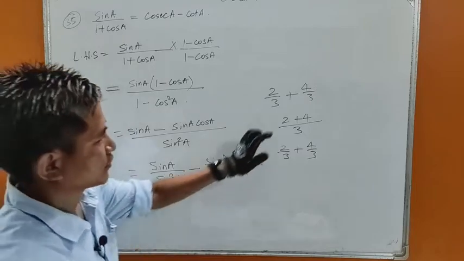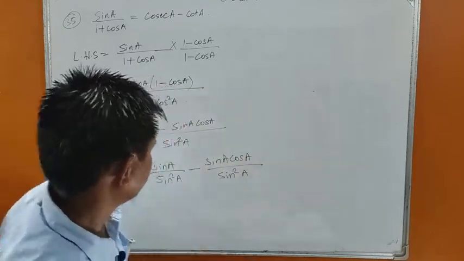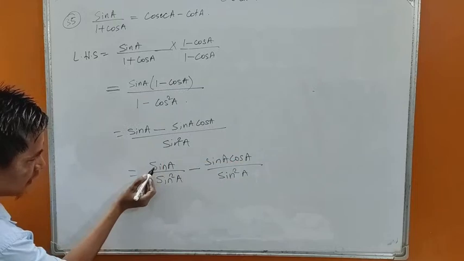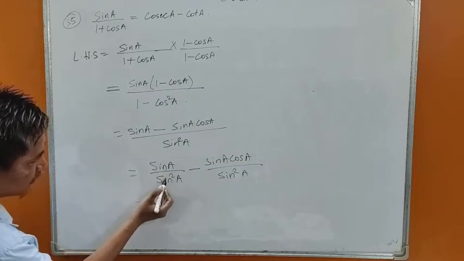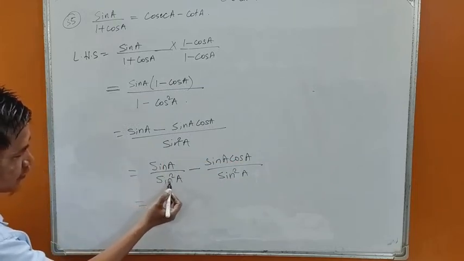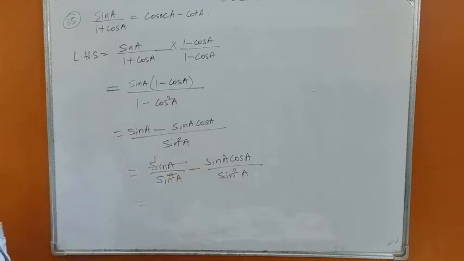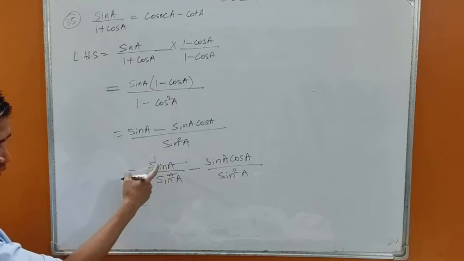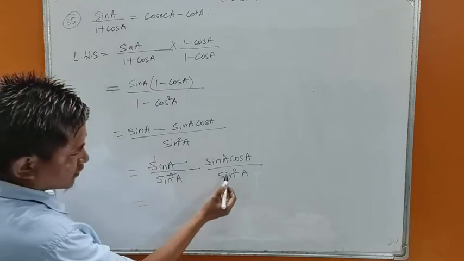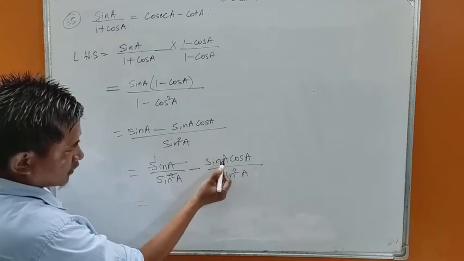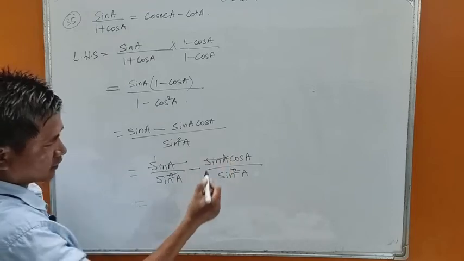I hope you got this. Now this sin A we have in the numerator and sin square A in the denominator, so one sin A and one sin A get cancelled.